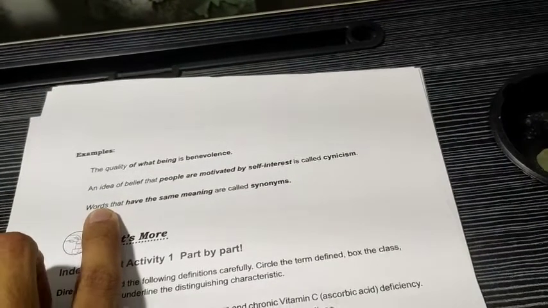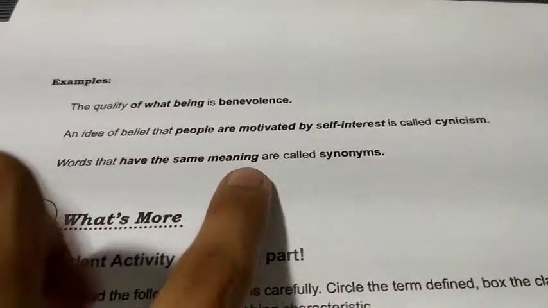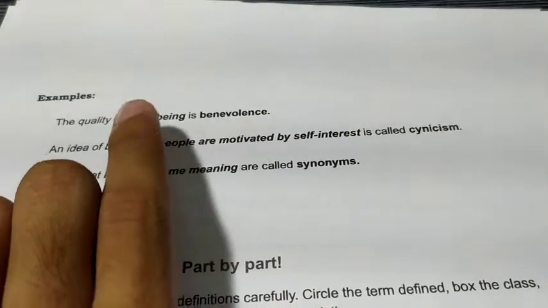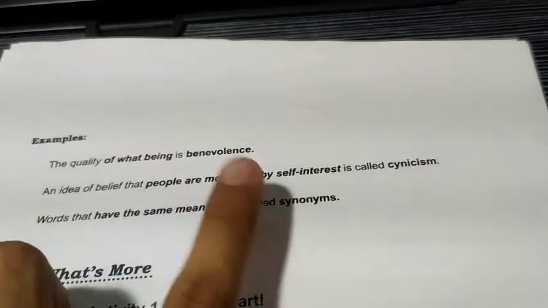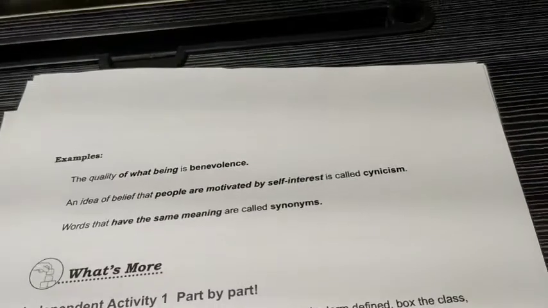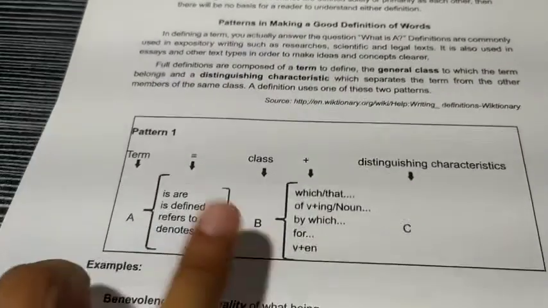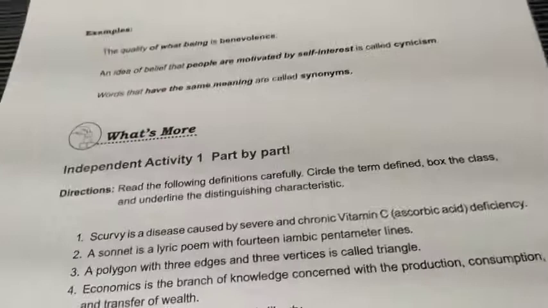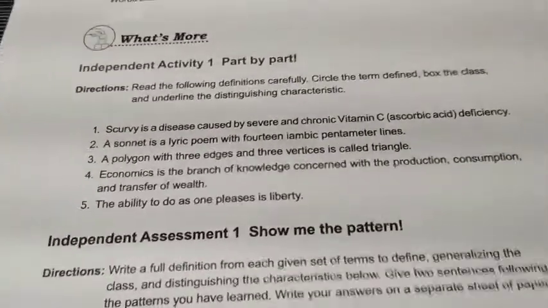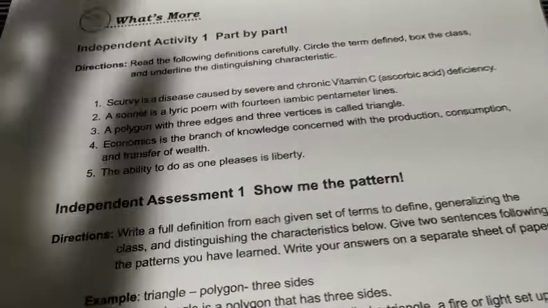Then letter C, the distinguishing characteristic, will be underlined. Circle, box, underline. Like what we have here. So you encircle letter A, box letter B, and underline letter C. You have to copy this first before answering on a separate sheet of paper.